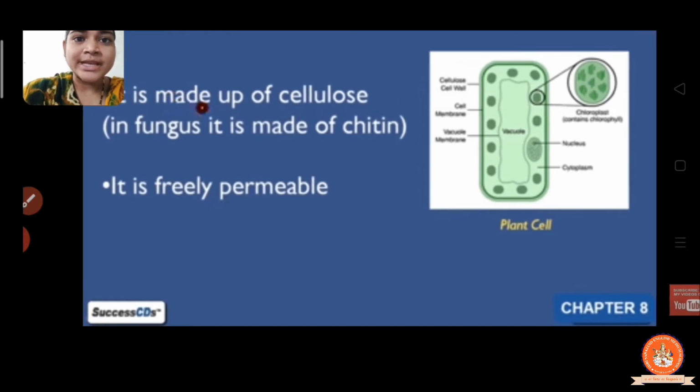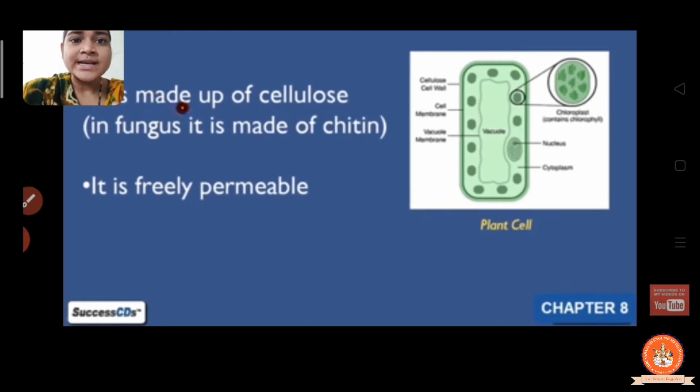And one more thing, it is made up of cellulose. In fungi, it is made up of chitin. So the cell wall is made up of cellulose. Remember it, it is important for your MCQ question. Whereas the cell membrane is made up of lipids and proteins. Got it?